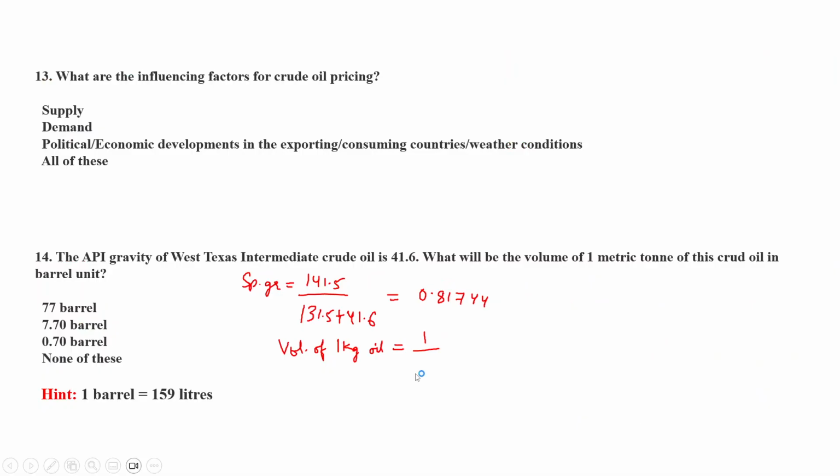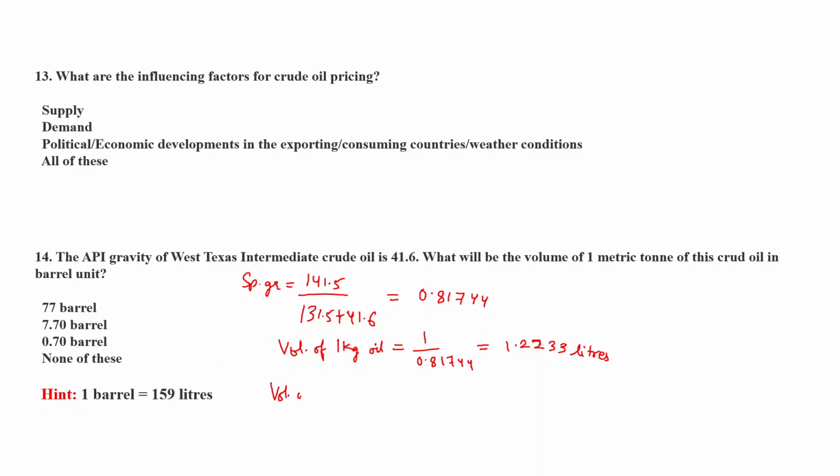As we want the volume of 1 kg oil, taking mass as 1 kg and density as 0.81744, we get the volume as 1.2233 liters.